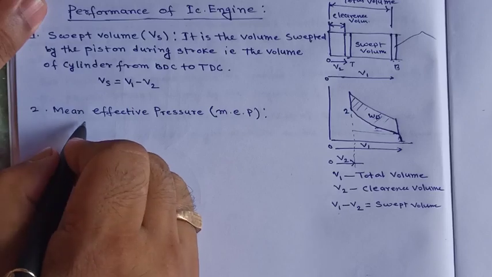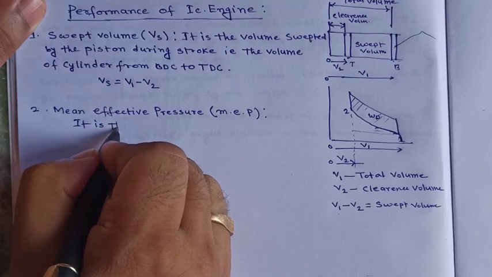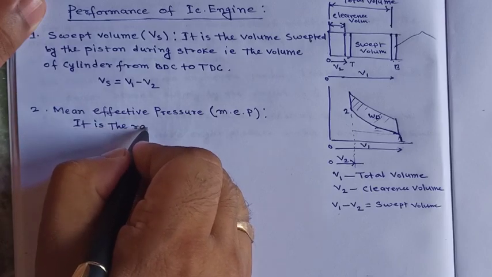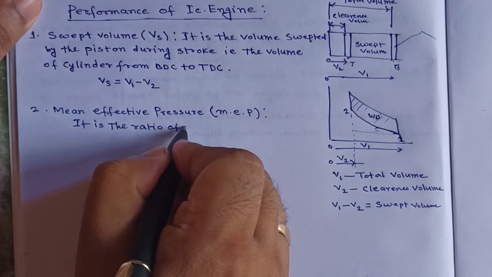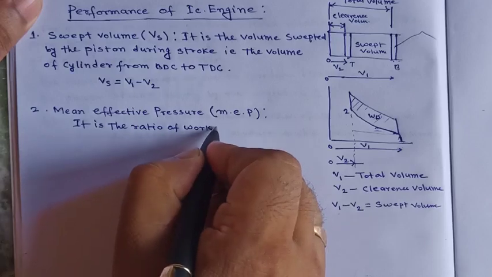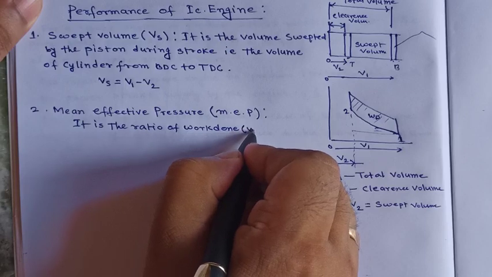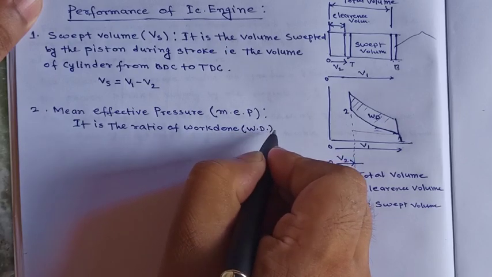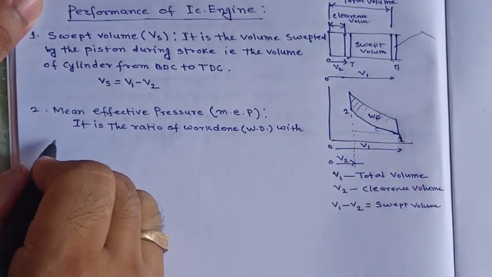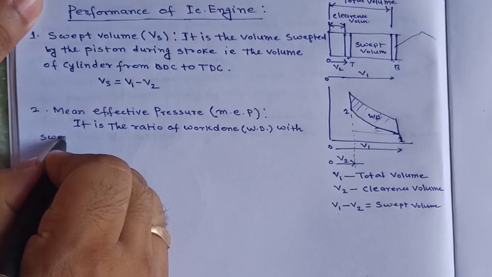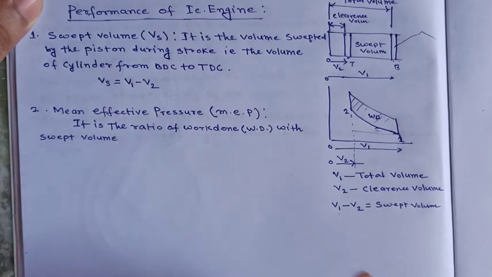So I can write it is the ratio of work done, that is WD, with swept volume.